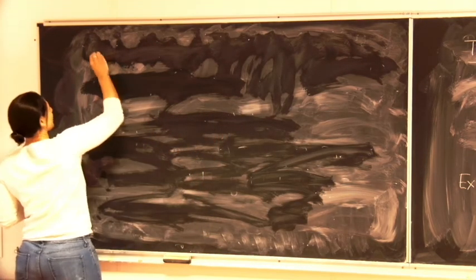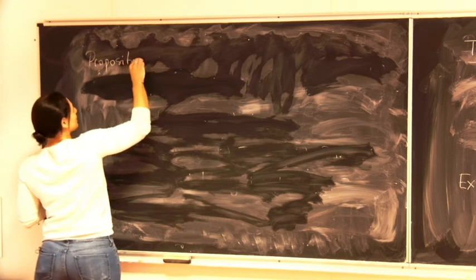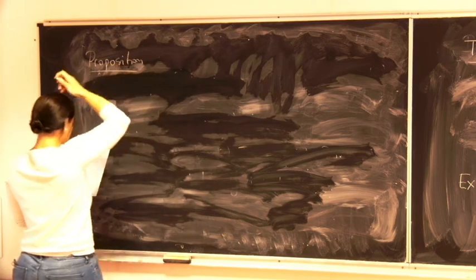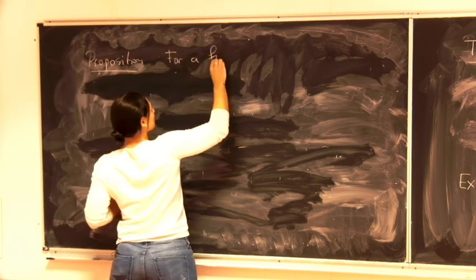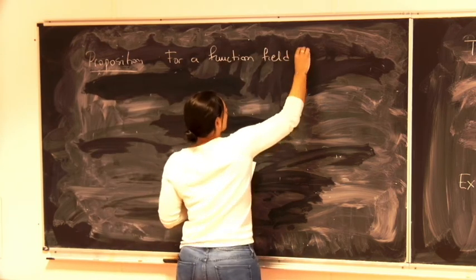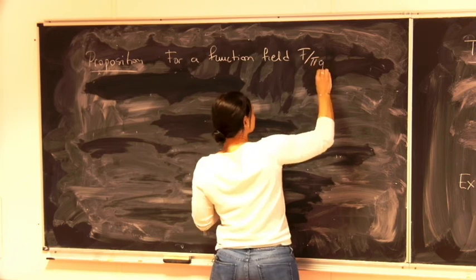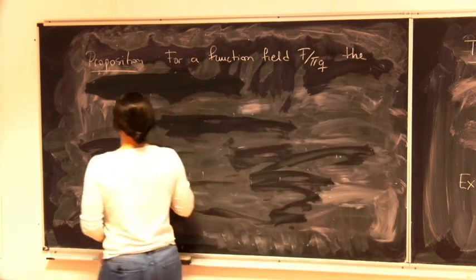So this proposition, which is a characterization of the rational function field. For a function field F over FQ, the following conditions are equivalent.